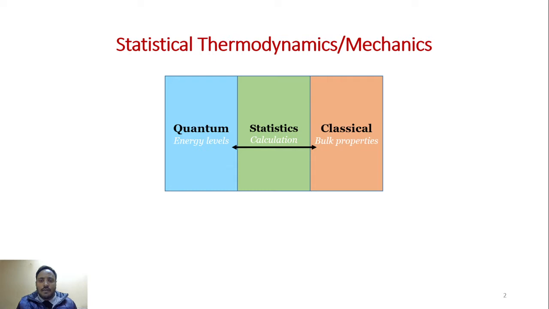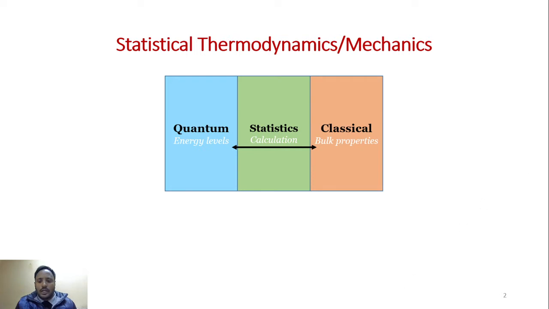Thus, there is a gap between the two. This gap is bridged by statistical thermodynamics by doing statistical calculation on the behavior of microscopic particles and builds up the fundamental concepts about macroscopic systems.